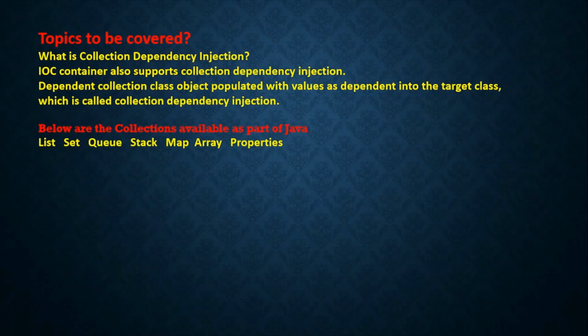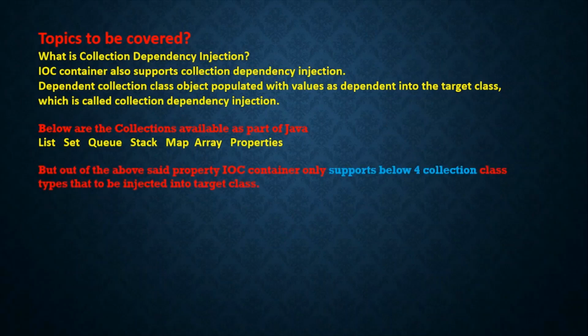But as part of collection dependency injection, there are certain collections that the IOC container supports. There are four kinds of collection which the IOC container supports. The first one is list, the second one is set, the third one is map, and the fourth one is properties. Only these four collections does the IOC container support. Let me give you one example so that it will be easier for you to understand the collection type injection.